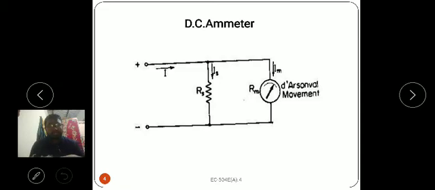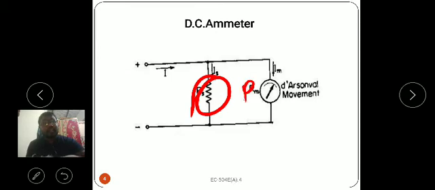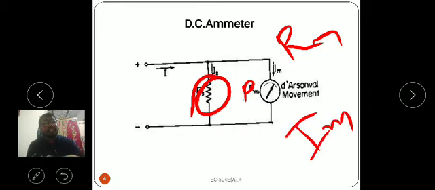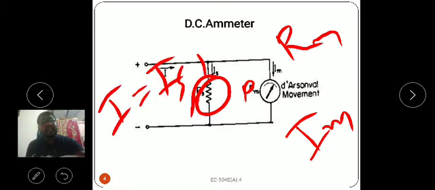Here, this is the shunt resistor, RS. In this circuit, the meter resistance is RM and the meter current is IM. The total current I is equal to IS plus IM.